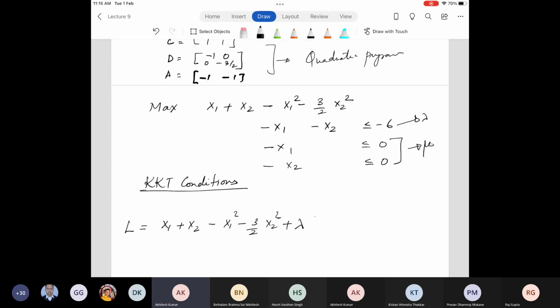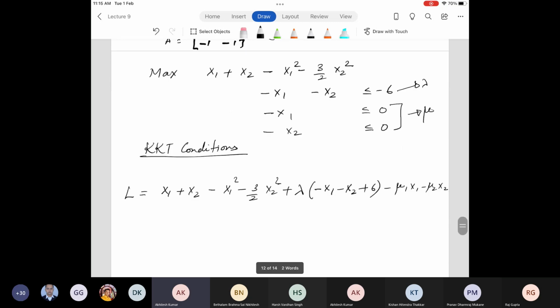So lambda into (minus x1 minus x2 plus 6) minus mu1 x1 minus mu2 x2. See if our Lagrangian is fine.